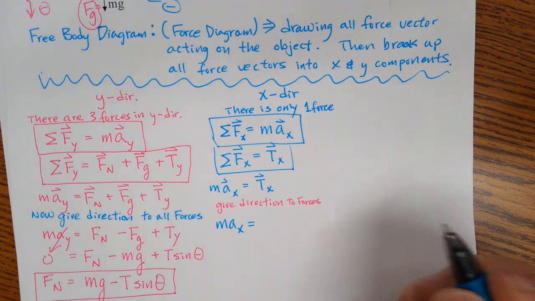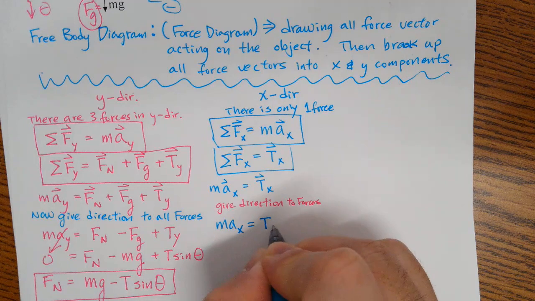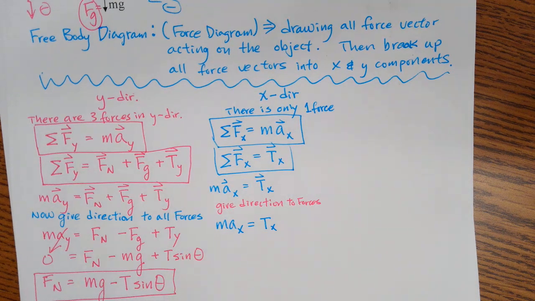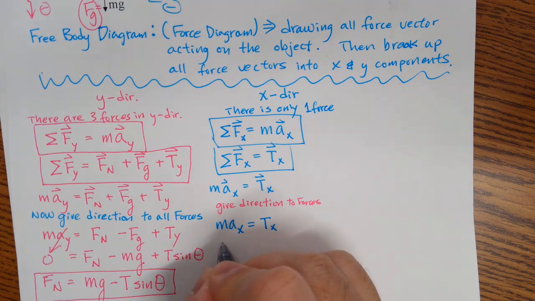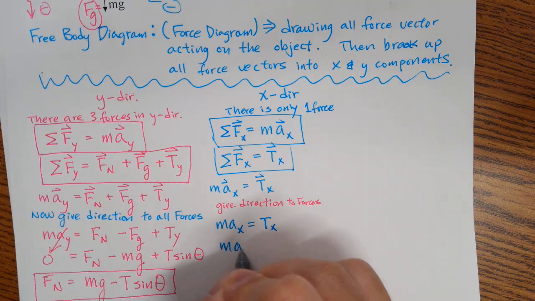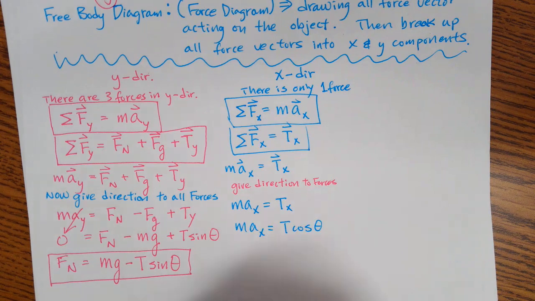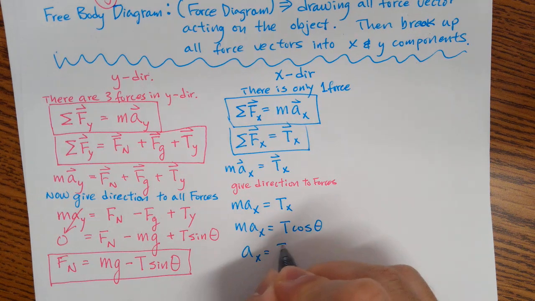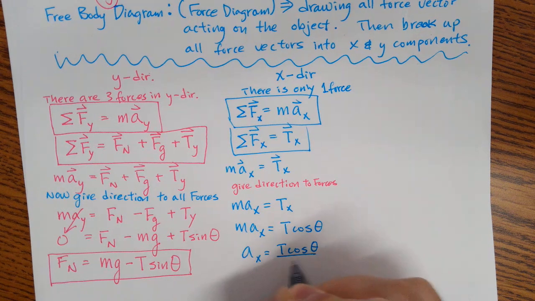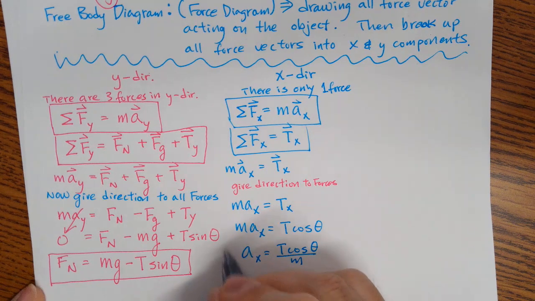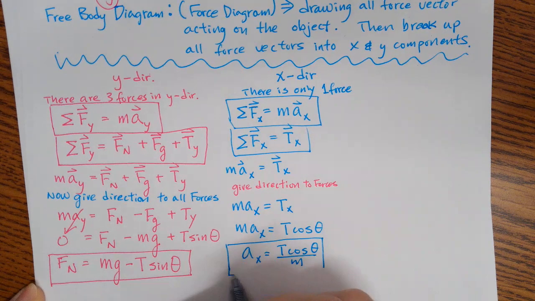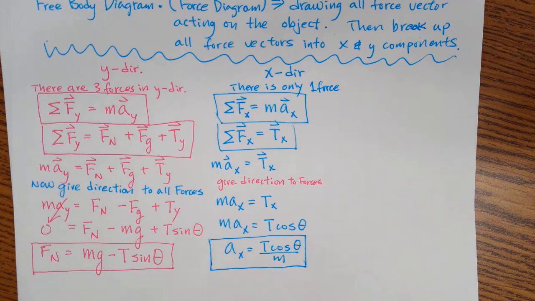Tx is definitely positive direction, so we're going to say Tx, and that's it. So my acceleration, max, is equal to T cosine theta, and my ax is equal to T cosine theta over m. Is that good? Okay.